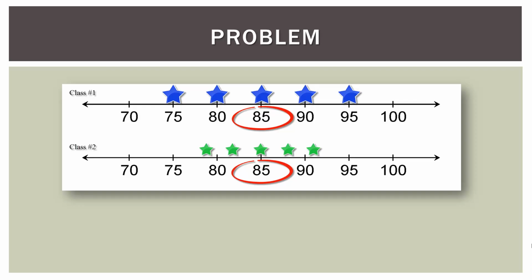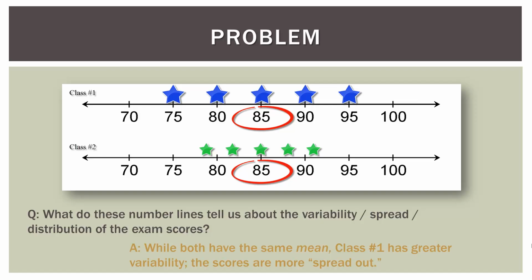So even though both classes have the same mean, their variance, or their standard deviation, or the distribution, or the spread, use whatever term you like, is wider for Class 1 than Class 2. While both have the same mean, Class 1 has greater variability, so the scores are more spread out in Class 1.